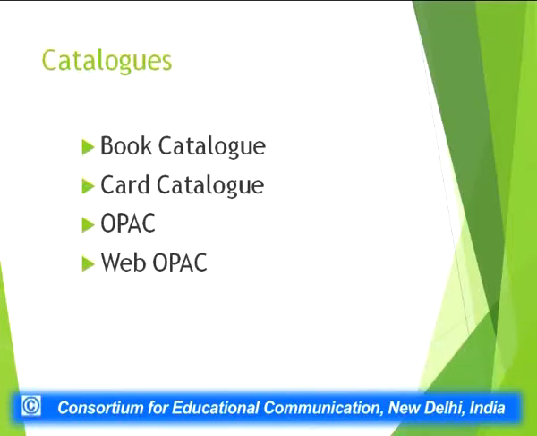Then catalog. Earlier in the manual system, we were having book catalogs and card catalogs. Then with the advent of technology, we started using various software for automating various housekeeping operations, and then the online public access catalog arrived on the scene, and a catalog was accessible through computers within the intranet, or within the four walls of that library.